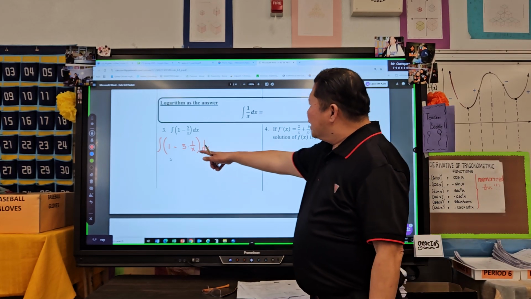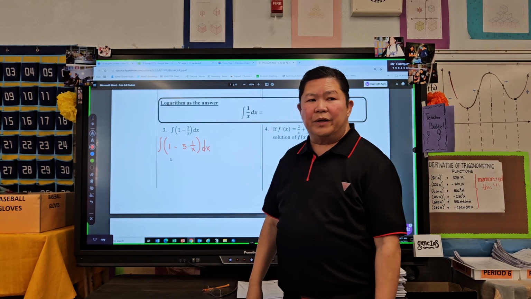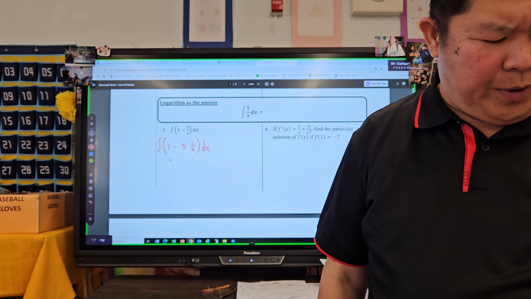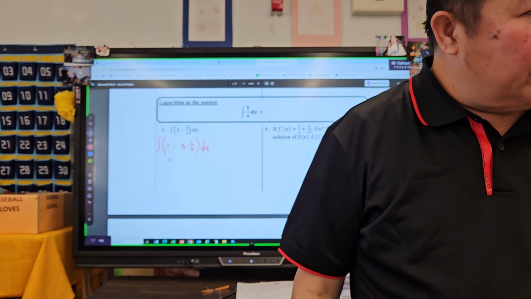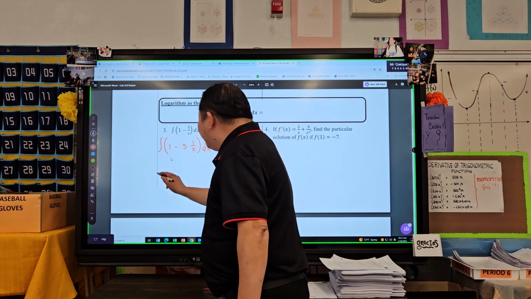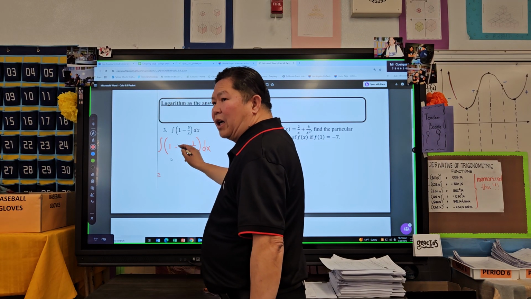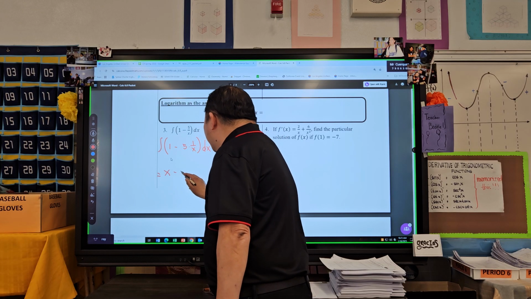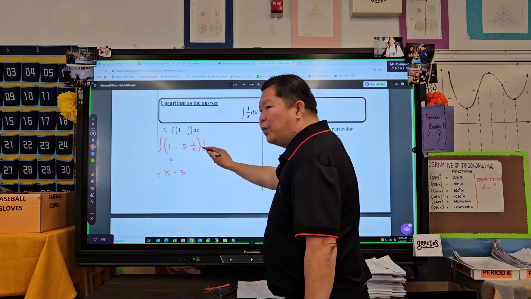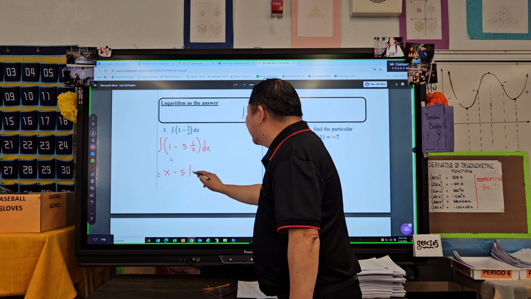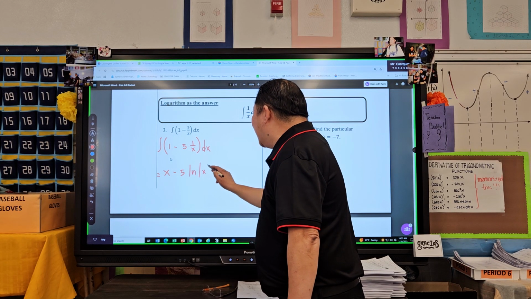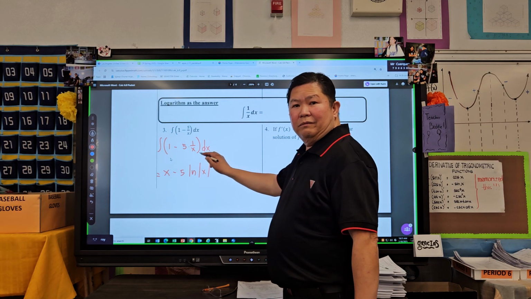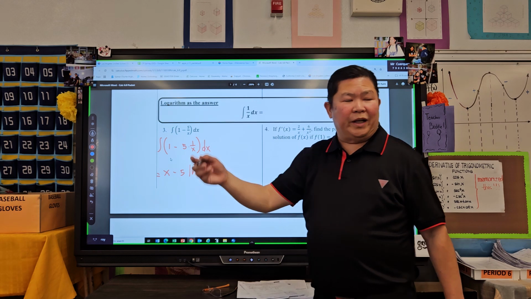But what is 1? A constant. That means it increases by x. So the antiderivative of a constant is x. So this is x minus 5, and what is 1 over x? Natural logarithm, absolute value of x. That's the reason why I rewrite, for you to be guided.